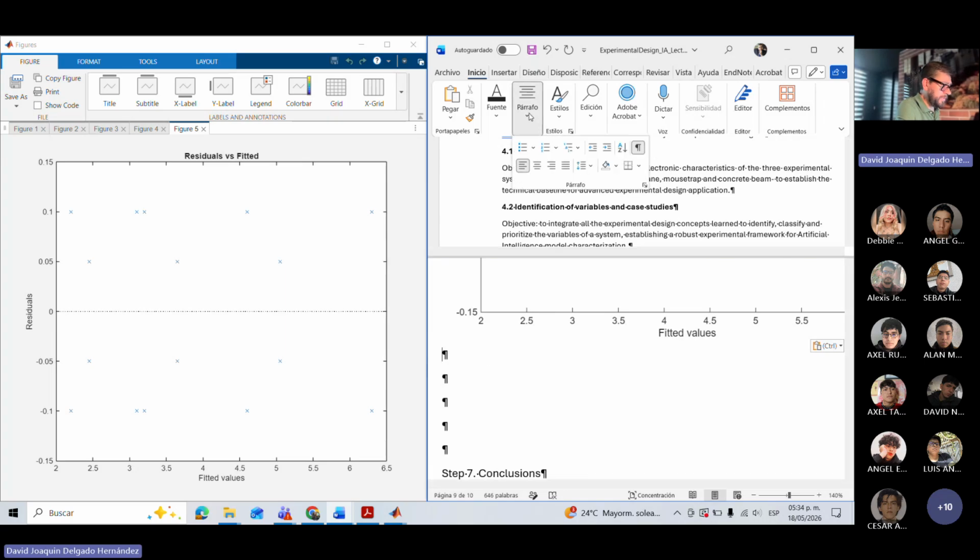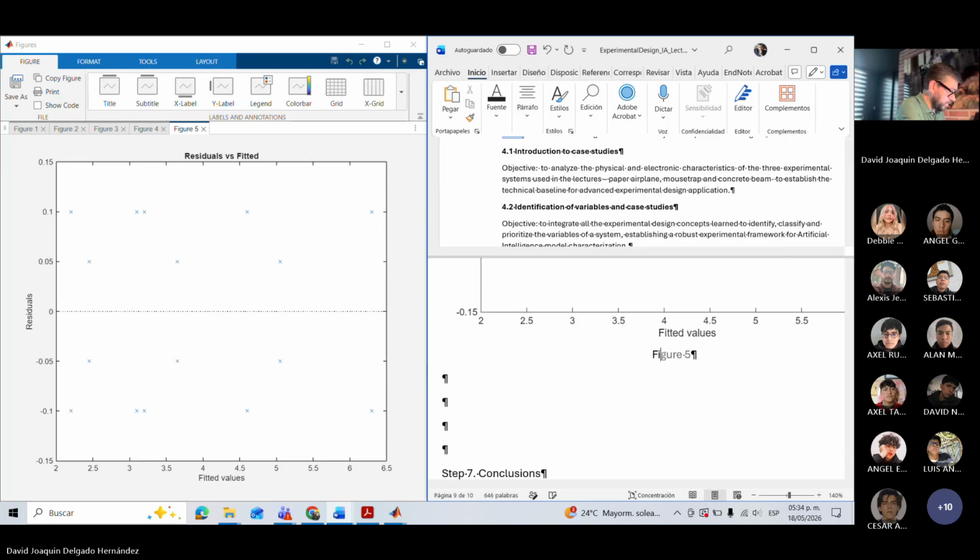So let us put a name of this figure, figure 5. These are the residuals versus fitted. Okay.